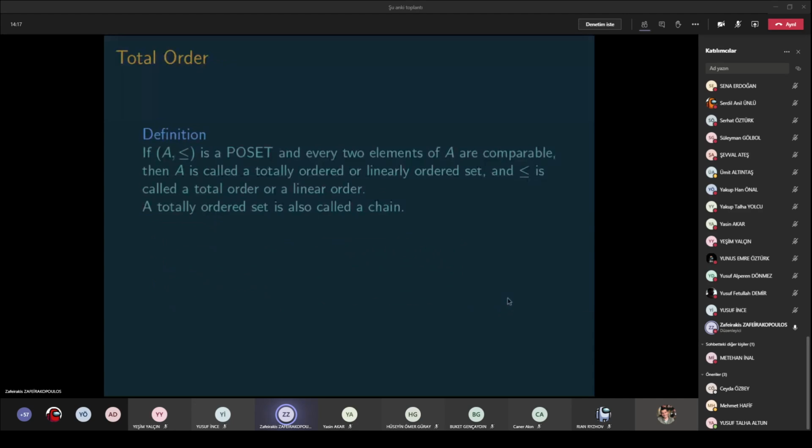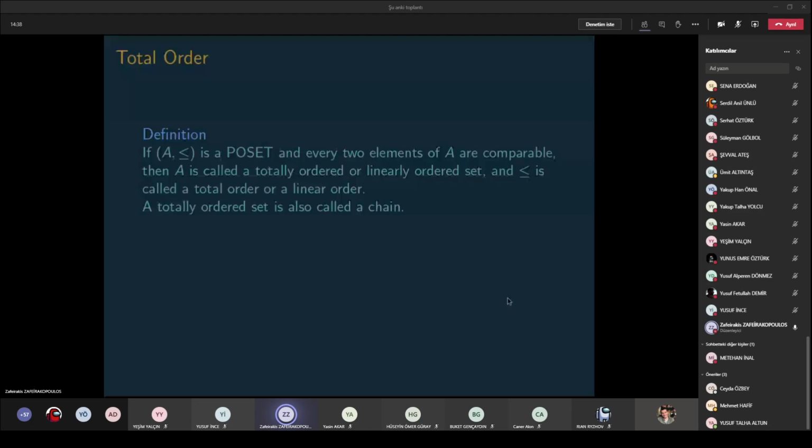Now, what is a total order? A totally ordered set, or linearly ordered set. Later we'll understand why this is linear. The relation is called a total order or a linear order.